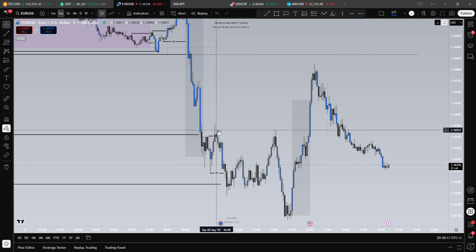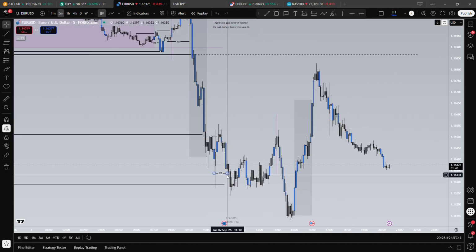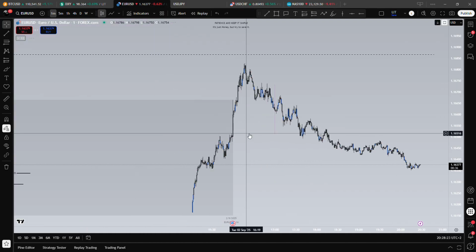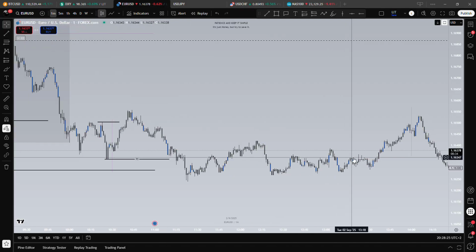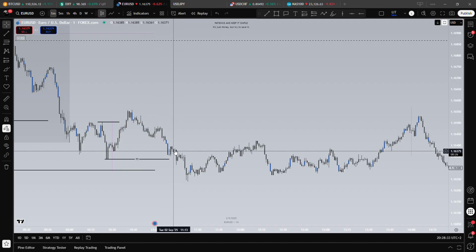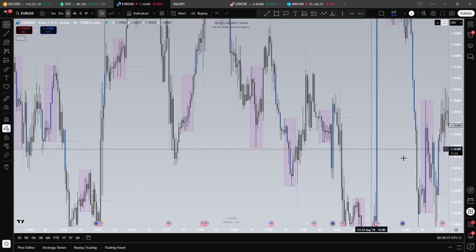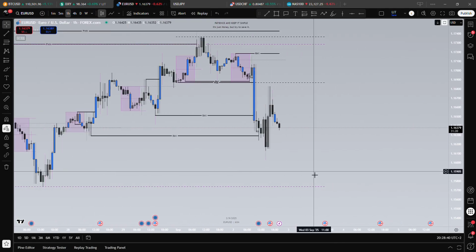We had this break to the upside after taking round liquidity H1, but probably no confirmations. Round liquidity on M1 was here, and we have no engulfing candles here as a mitigation, so maybe here we could have had a trade, but I think I saw it and I didn't like it.